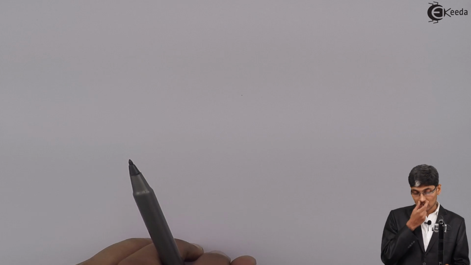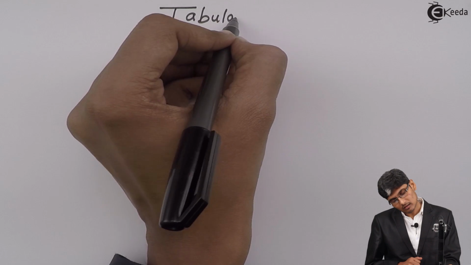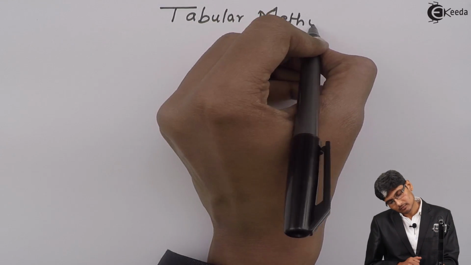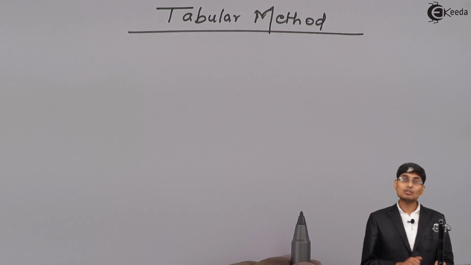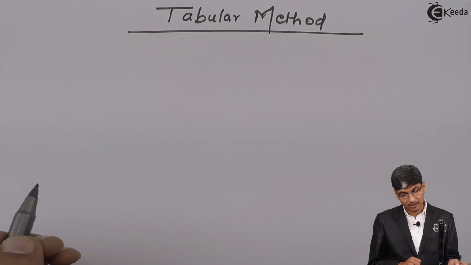Now, it is really tedious that we shift every time and do this multiplication and draw the diagram again and again. So there is one more method which we call the tabular method, which also gives the same result as that of the graphical method or the formula based method.